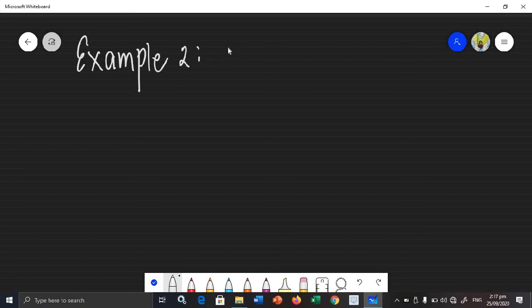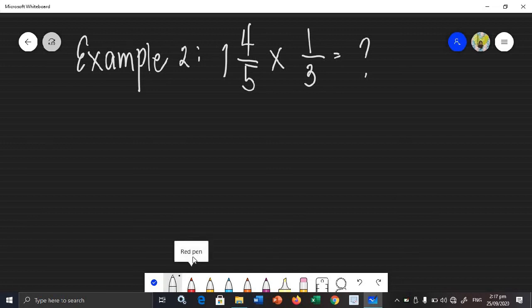We need to multiply 1 and 4/5 times 1/3, let's say. So here, as you can see, we have a mixed number. So we need to change this into an improper fraction. So now, I will really change it. But let's solve for the improper fraction first.